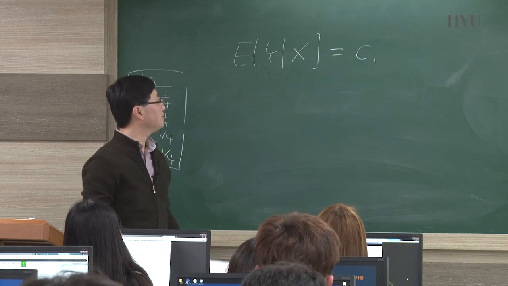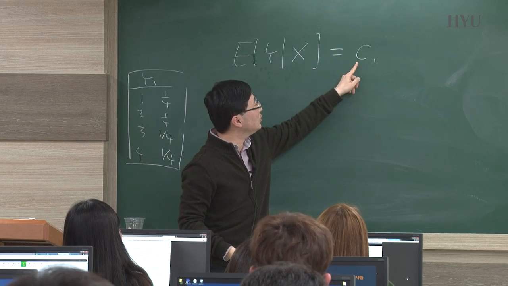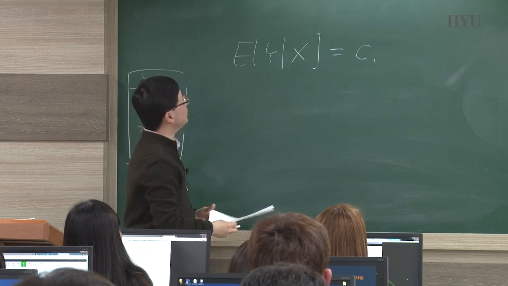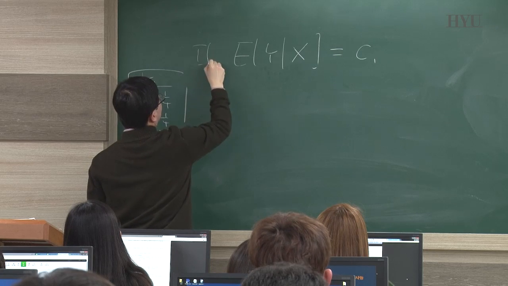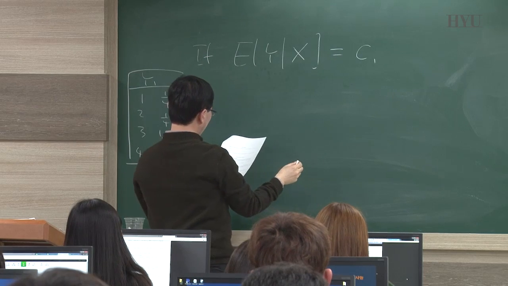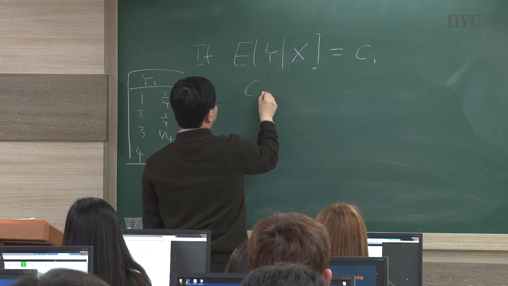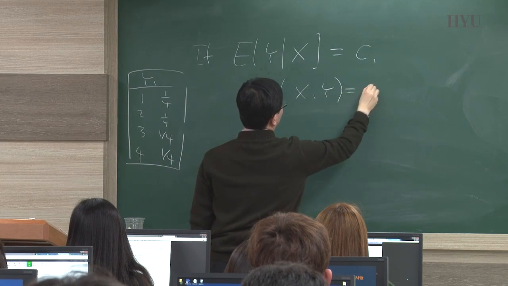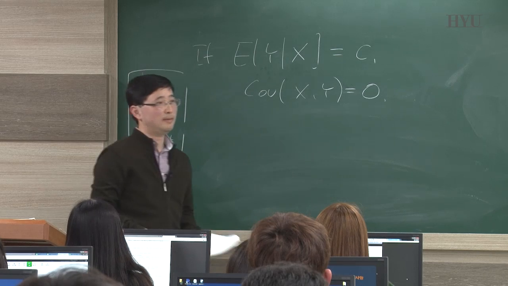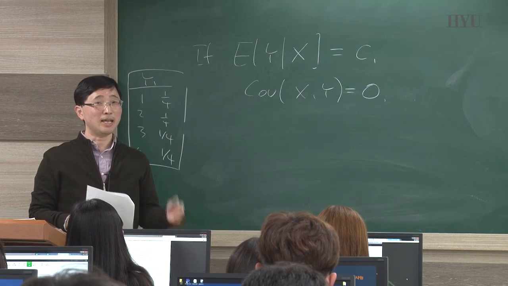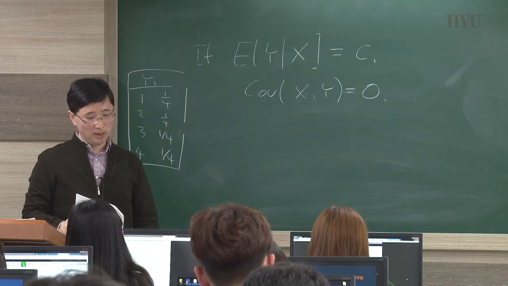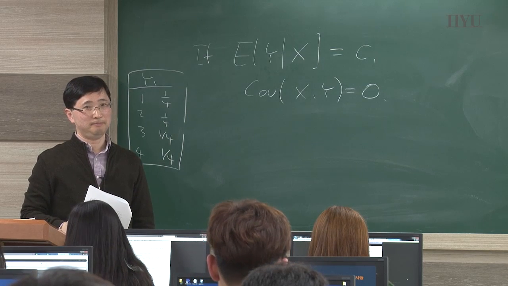Now, a constant certainly does not depend on x. If this is the case, then the covariance between x and y is always equal to 0. Okay? So that's what the textbook says on page 32. So we would like to understand why this is the case.